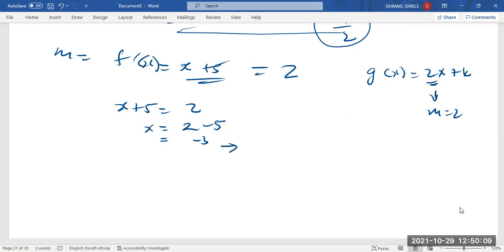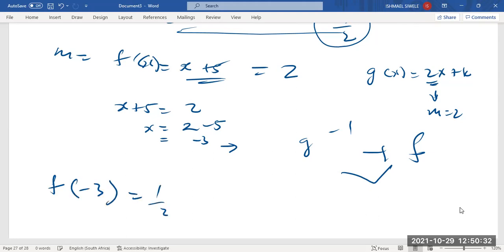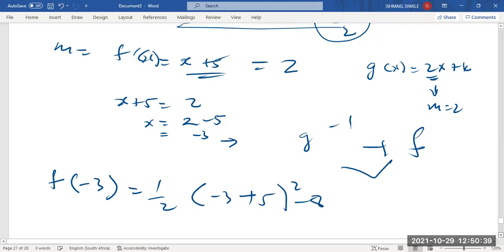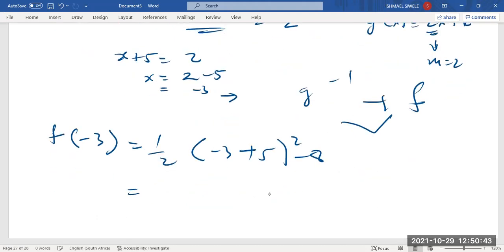at which the g inverse and f make contact, right? So if you know the value of x, then we can find the value of y by substituting back into f. So finding the value of f of -3: 1/2 (-3 plus 5) squared minus 8.